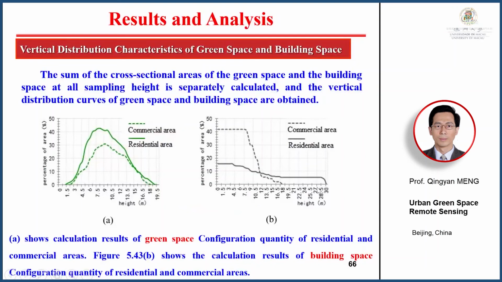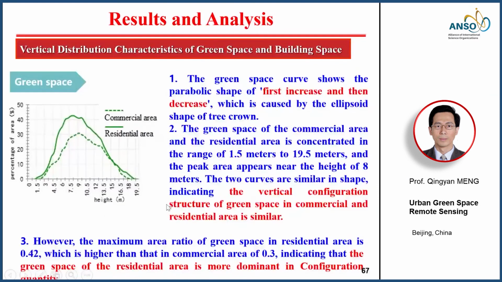This is the vegetation. This is the buildings. And the different land use means the different areas, the commercial, the residential. The calculation is shown like this.